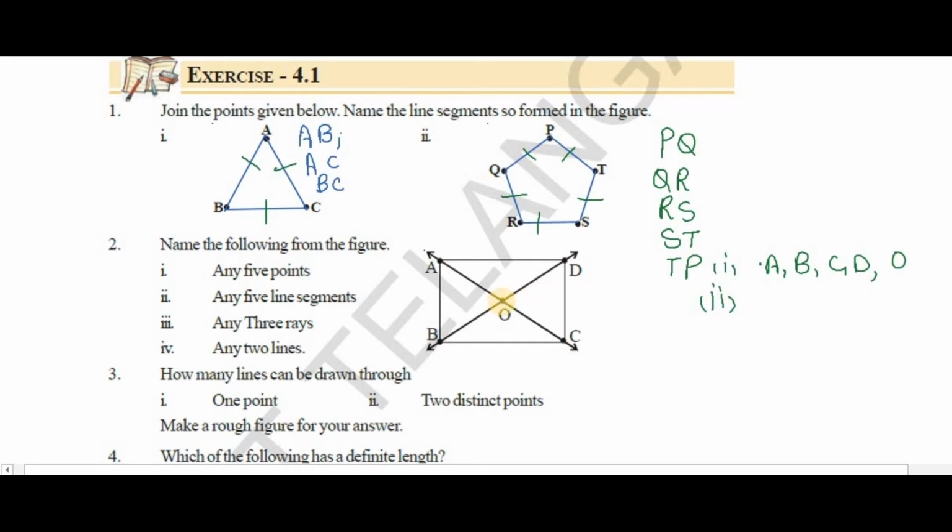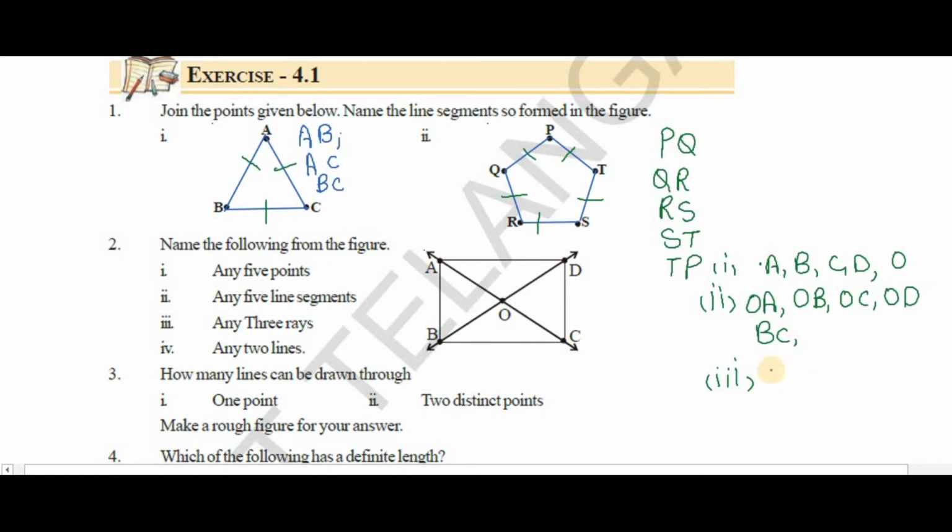From one dot to another dot it should come. So that means OA, OB, OC, OD. 5 line segments he is asking, no? Yeah, you will get this also, no? This dot to this dot. So BC. He has asked only 5, so we wrote 5.